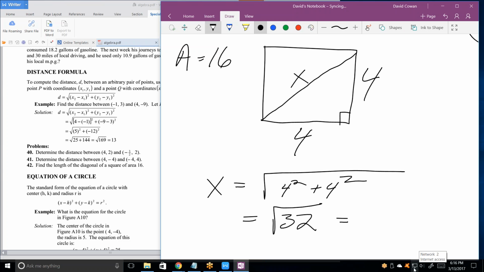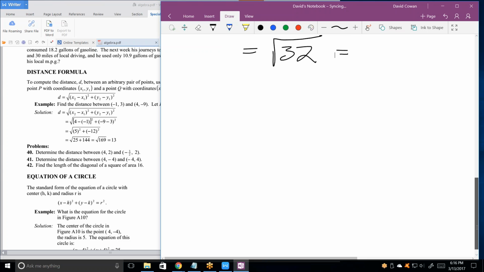Are there any perfect square numbers in square root of 32? 16. Yeah, and you actually do want the biggest one. There's a couple. 4 is also a factor of 32. But you want the biggest one, and you correctly picked the biggest one. That gets you to the answer the quickest possible way. So 4 root 2 is our answer.